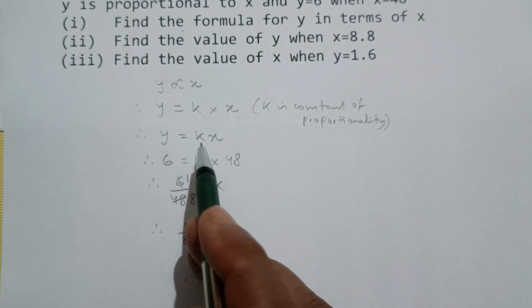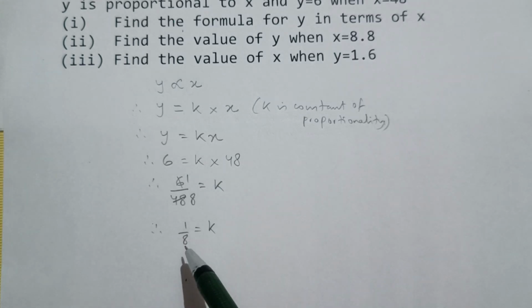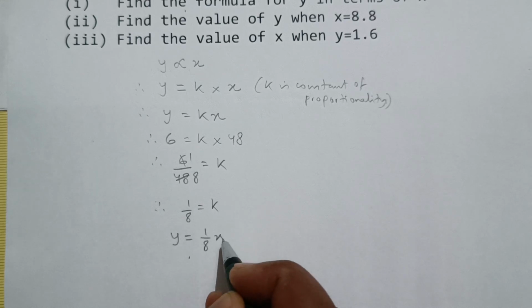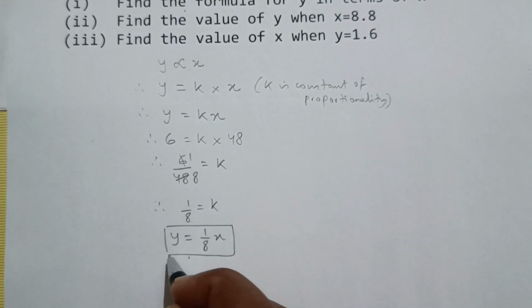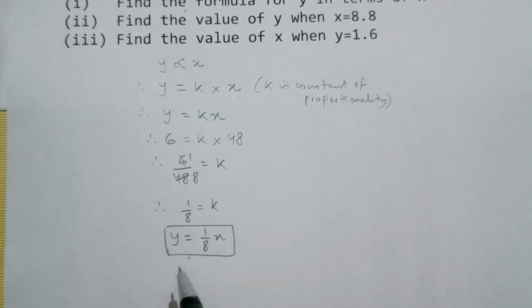So y equals kx becomes y equals 1 by 8 x, because the value of k is 1 by 8.